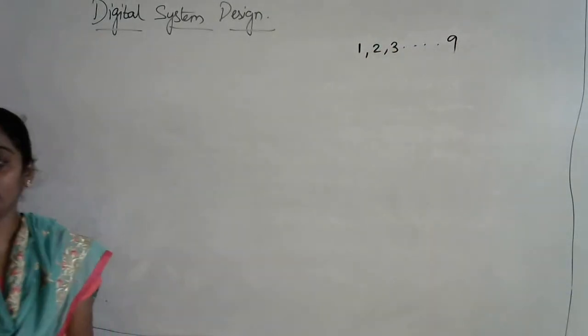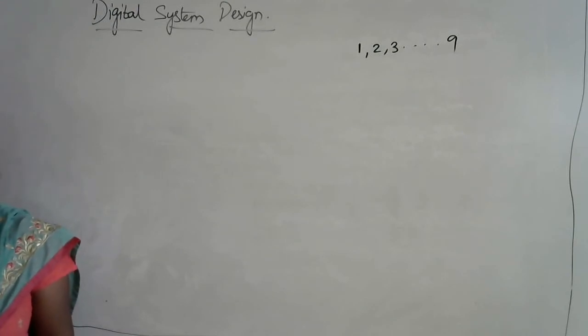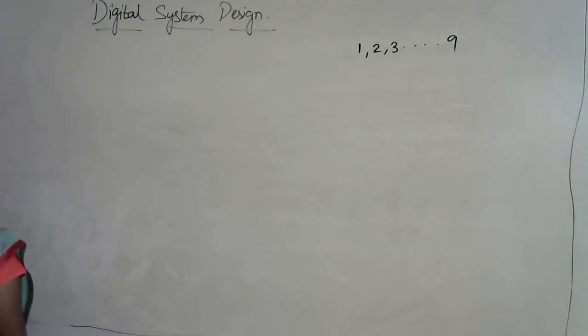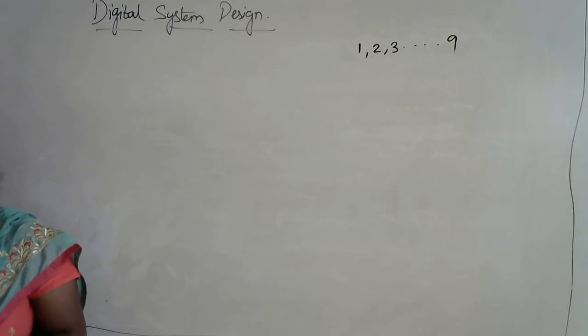Whatever numbers are displayed on the calculator from 1 to 9 are called a 7 segment display. So the important application of a decoder is that it is used to convert a BCD to decade decoder, also called a BCD to 7 segment decoder.